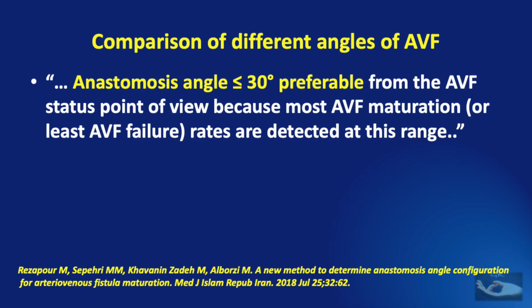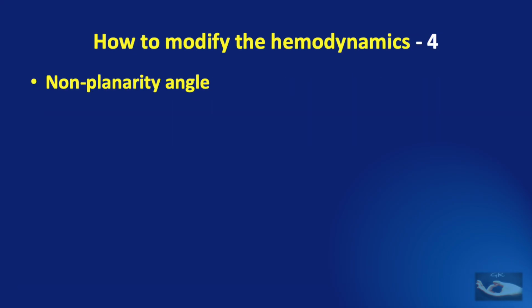So the study concluded that an anastomosis angle of less than or equal to 30 degrees was preferable from the AV fistula status point of view, because most AV fistula maturation or least AV fistula failure rates are detected at this range.